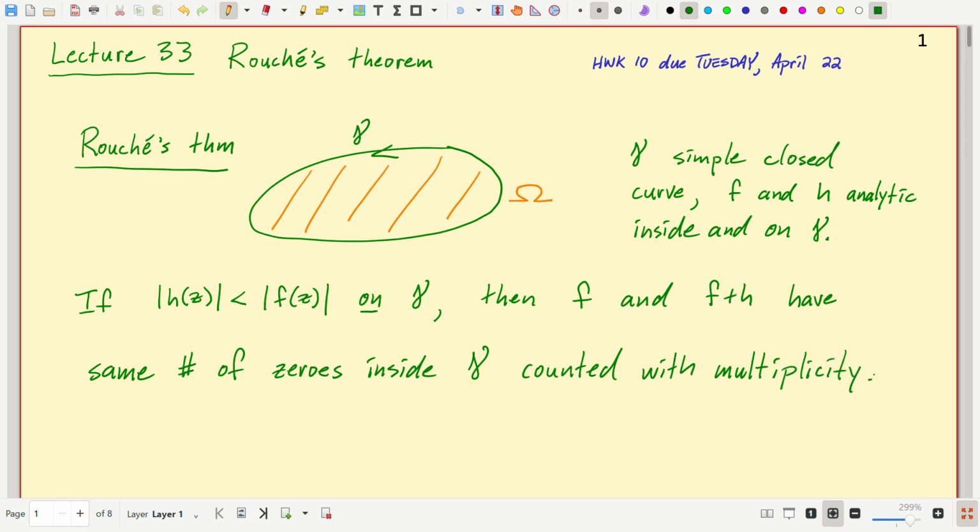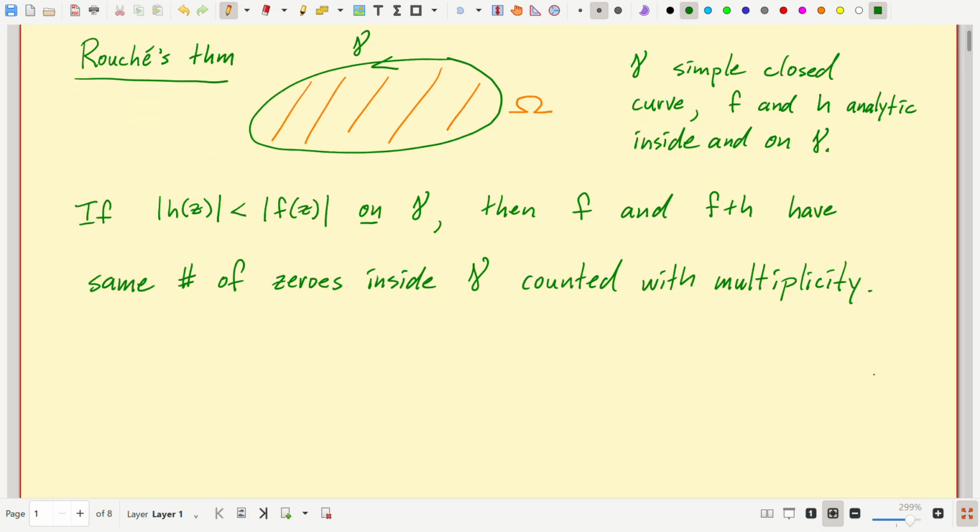The thing to note right away is that inequality implies that neither one of these functions, f and f plus h, have zeros on gamma.